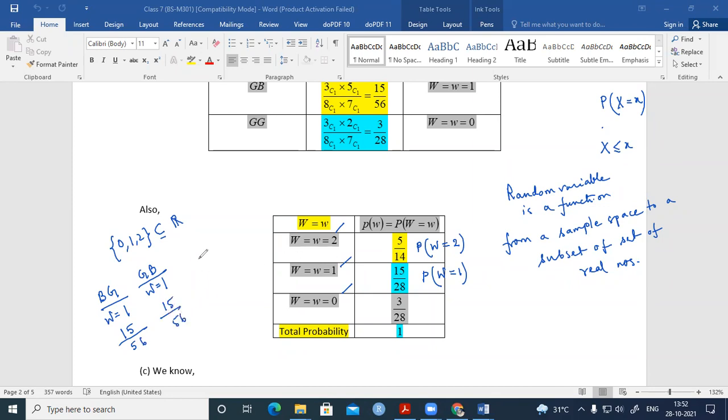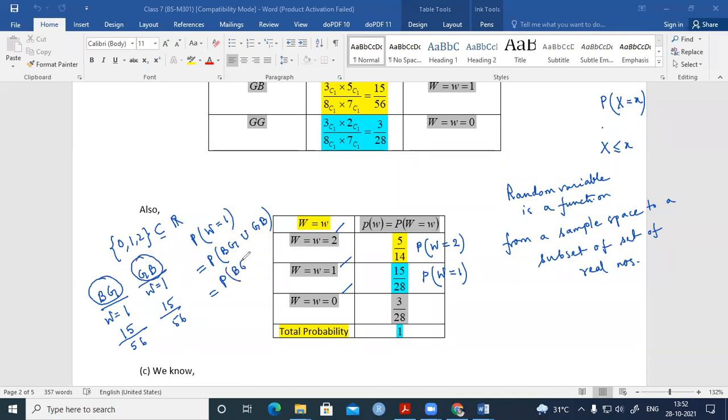And if we are interested in the probability of W equal to 1, that means either we are interested in this probability or in this probability. And by the axiom of probability, these are mutually exclusive cases, because if you are getting this pair, that pair is not happening. If you are getting that pair, this pair is not happening.